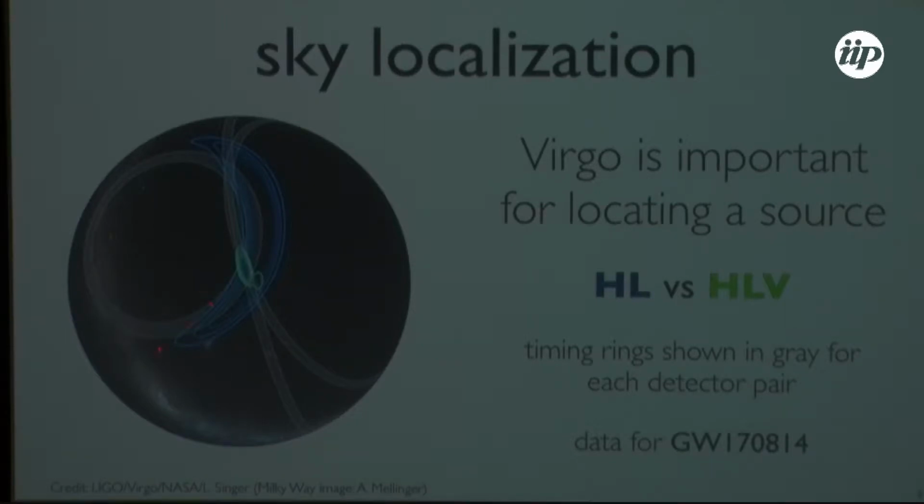You see it's this piece of this big gray circle in the sky. This gray circle just indicates points in the sky that will give you a specific delay between the two LIGO instruments, the one that was observed for the signal. I don't remember what it was.